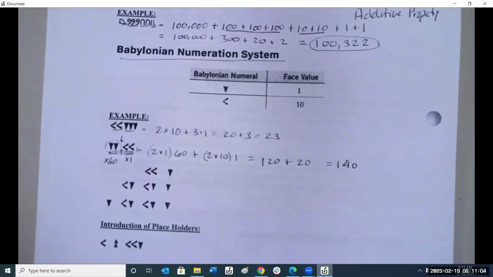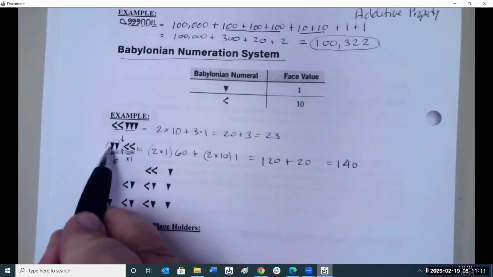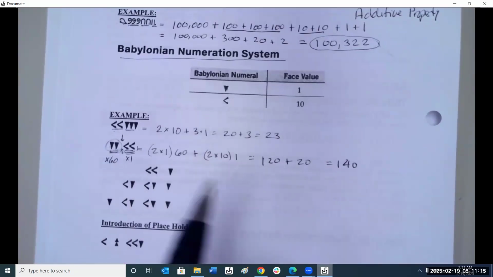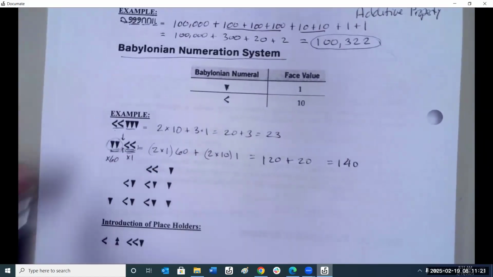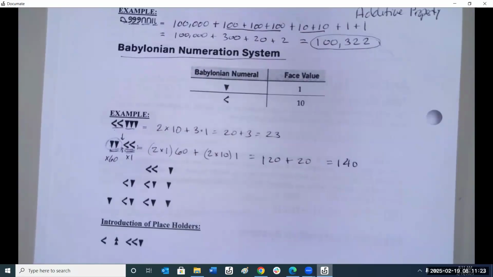But that had limitations to it. Because now, these are in the next realm of numbers, it's no longer 2 times 1. It's the 60s. And the next one is 60 times 60. Then the next one will be 60 times 60 times 60.